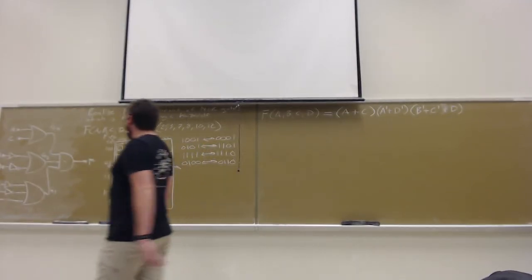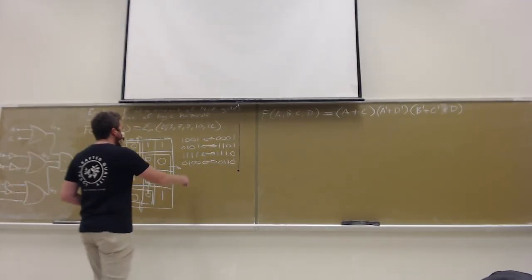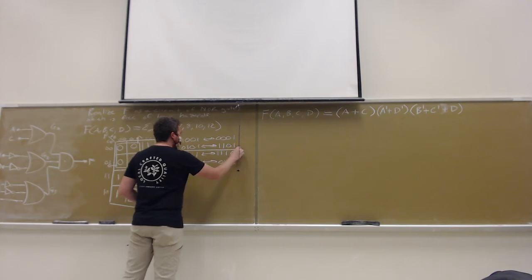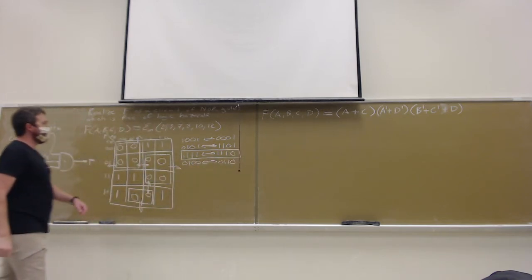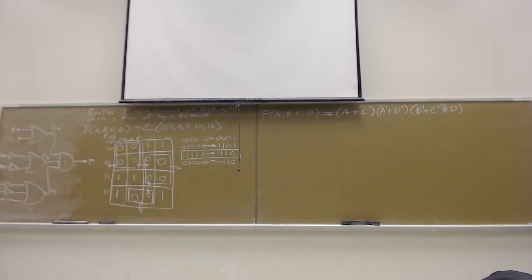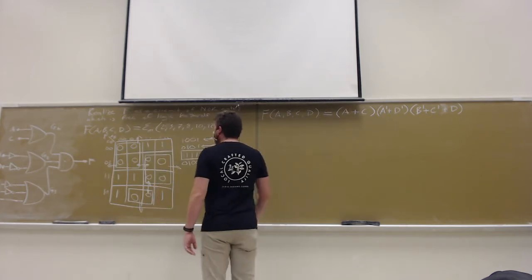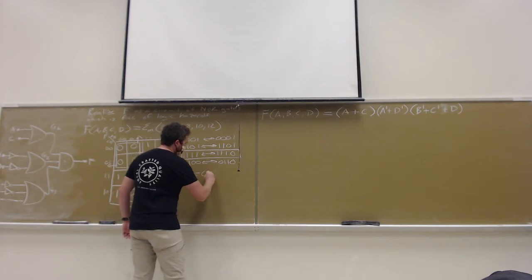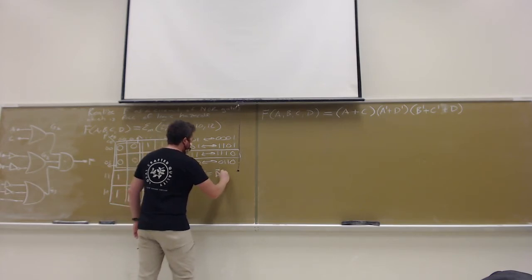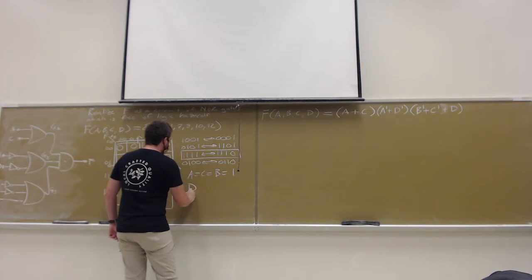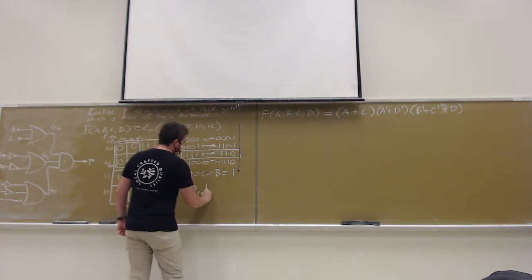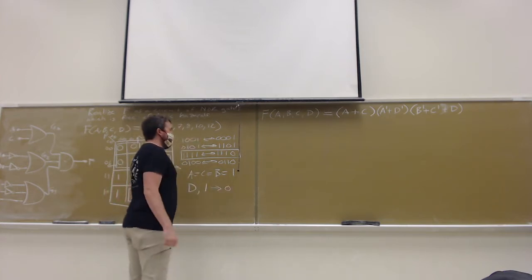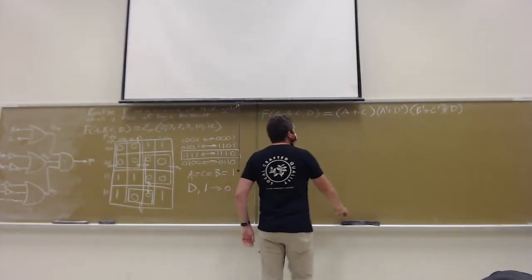The third one, the one that sets everything equal to 1, and D goes from 1 to 0. All right, cool. Let's do it. See what happens. So we're going to say A equals B equals C equals 1, and we're going to take D from 1 to 0. We'll bring D to 0 and see what happens.